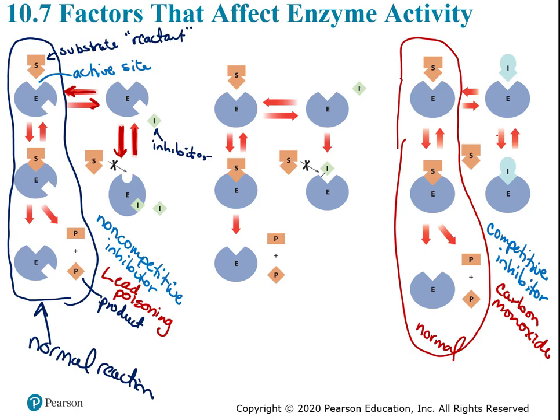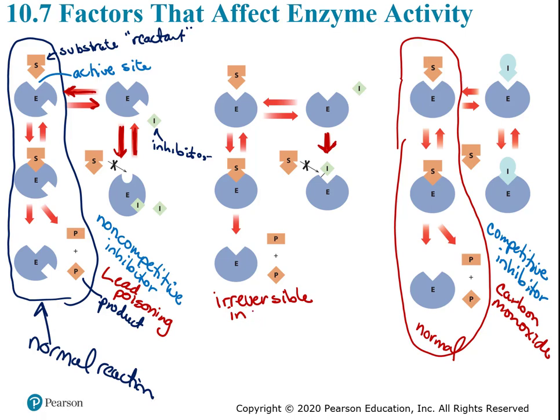The middle one, though, look at the arrow in the middle one. The arrow goes one direction. So that means this is the irreversible inhibitor. This is the one that you can't undo. Once it binds, you're done.